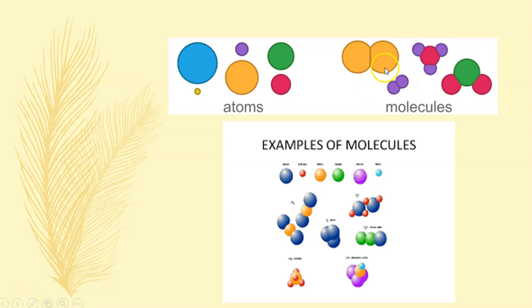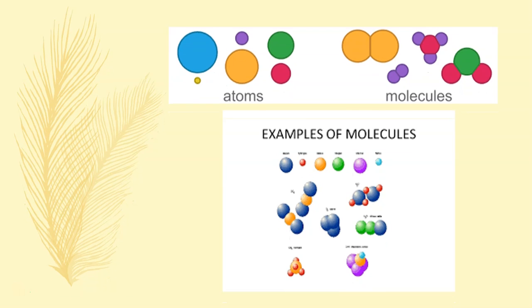But the atoms are of one kind only. So this orange is a molecule of an element and this purple is a molecule of another element. But can I call this an element? No, because it is not of one kind. It is made up of different kinds. Can I call this an element? No, this is again not an element because it's made up of different kinds of atoms.